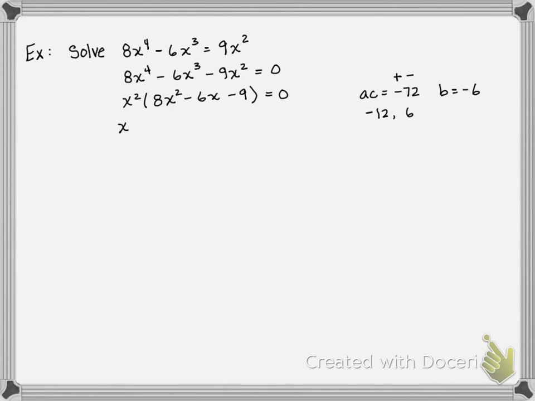So we have x squared times 8x squared minus 12x plus 6x minus 9 equals 0. And then x squared, let's see, 4x and a 3.